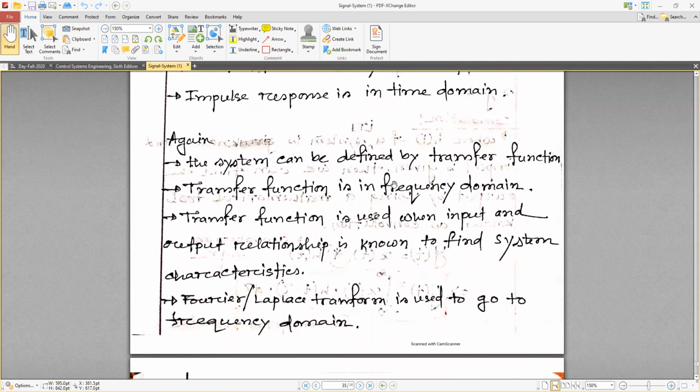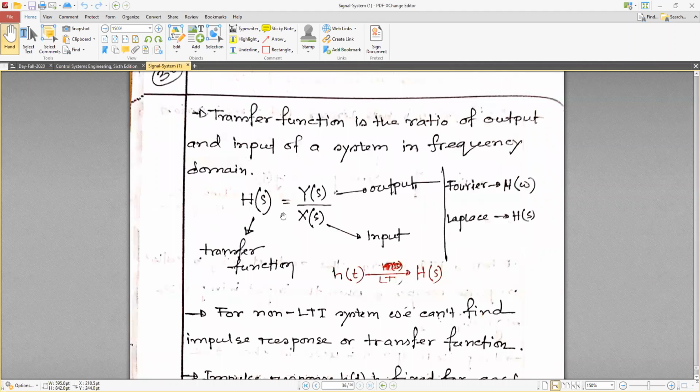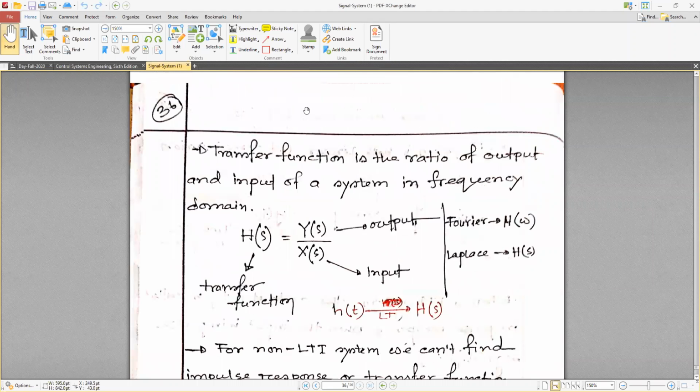Again, the system can be defined by a transfer function. Transfer function is in the frequency domain. Do you know what the transfer function is? Transfer function is the ratio of the output and the input of a system in the frequency domain. If you skip the frequency domain, your definition would not be valid.